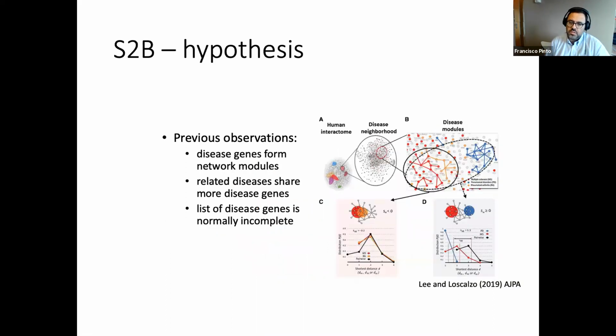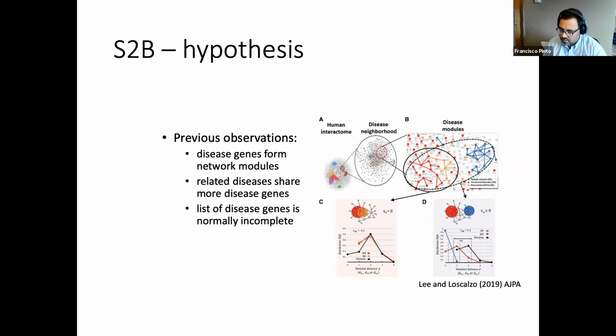So this method originated from previous knowledge, some previous hypotheses. We already knew that disease genes are associated with a given disease, and the association with the disease does not mean that the gene is causal to that disease when mutated. It may be that the gene is associated with disease because it is a biomarker, or it is a gene that has been observed to be differentially expressed in the disease tissue versus the normal tissue.